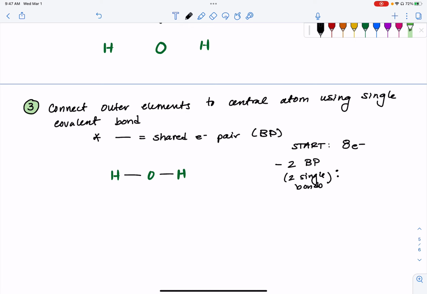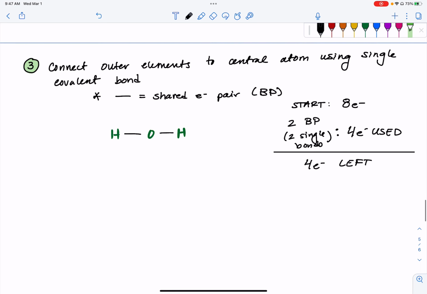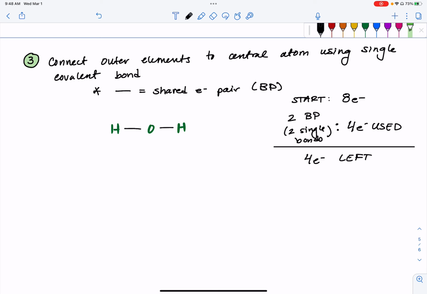So in doing so, I have used up 2 in this bond and 2 in this, which is 4. Which means that as of this point, I still have 4 electrons left. So I am not done building my compound, but so far I've got a good start.